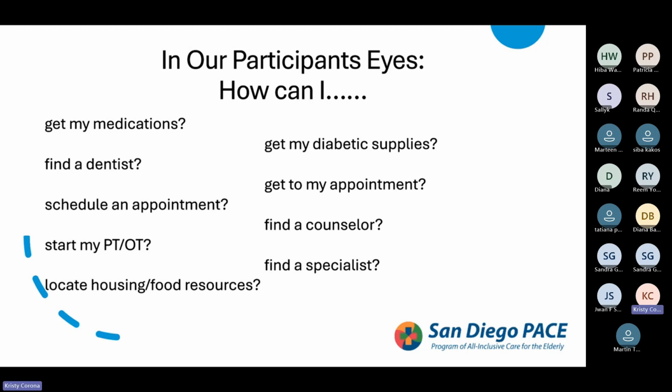Also, they think about how they can locate housing or food resources in their area. And we even have those that wonder how they can now do their laundry. Maybe they had a caregiver contracted with their previous insurance, and now they need a new caregiving service, so they want to make sure that they're able to get their laundry done.